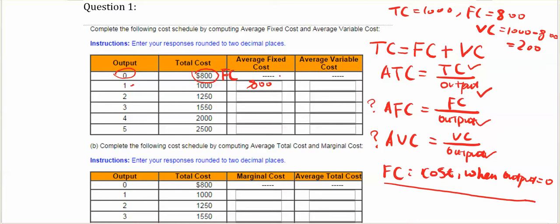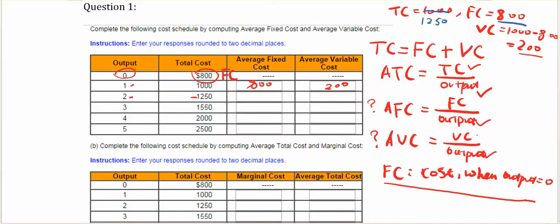So the first blank will be filled by 800. How about the average variable cost when output is 1? When output is 1, the variable cost is 200. So 200 divided by 1 is 200. How about the next one? When we have two outputs, the total cost is 1,250, instead of 1,000, and the fixed cost is still 800.